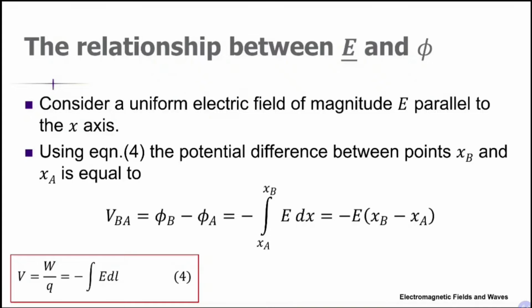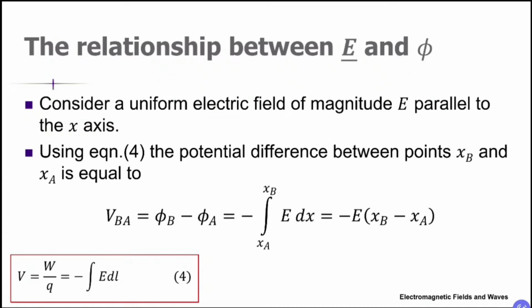Okay, moving on. Relationship between the electric field and the potential. So we work out the electric potential, and now we want to find out the relationship between the electric field and that potential. So consider a uniform electric field of magnitude E parallel to the x-axis. Using equation 4, V equals work done over the charge equals minus integral E dl.